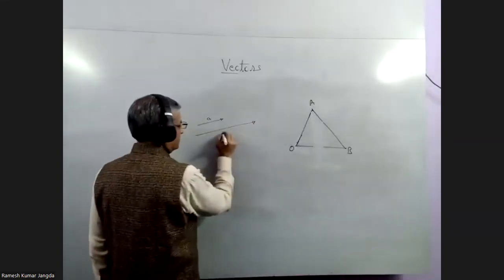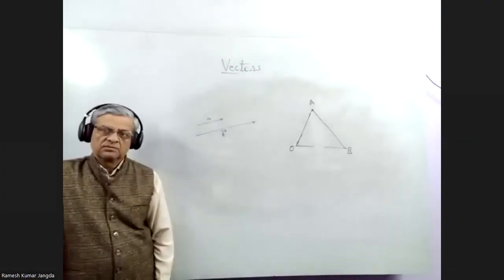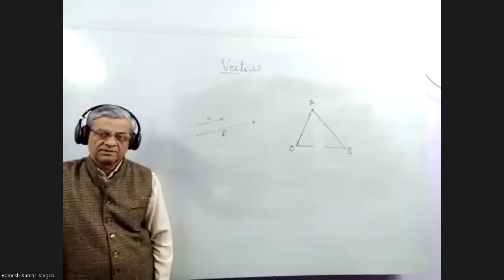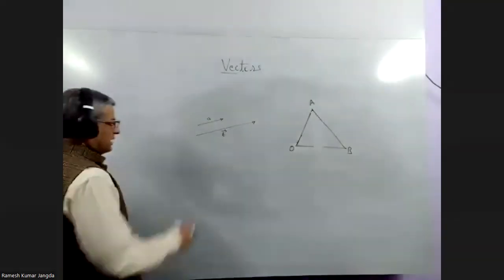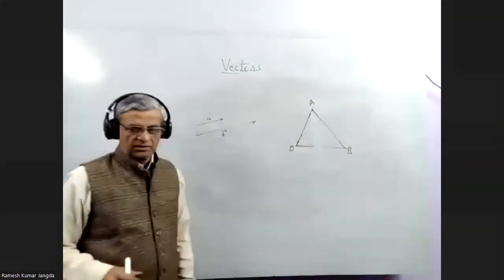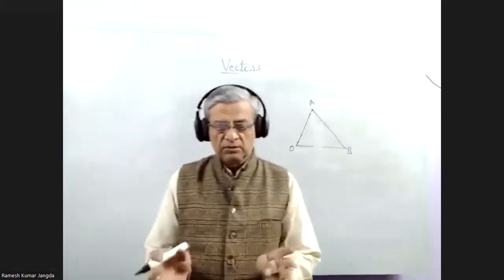This is a vector A and this is a vector B. What is the type of these two vectors? Like vectors. So beta, like vectors have the same direction, but they only differ in magnitude.